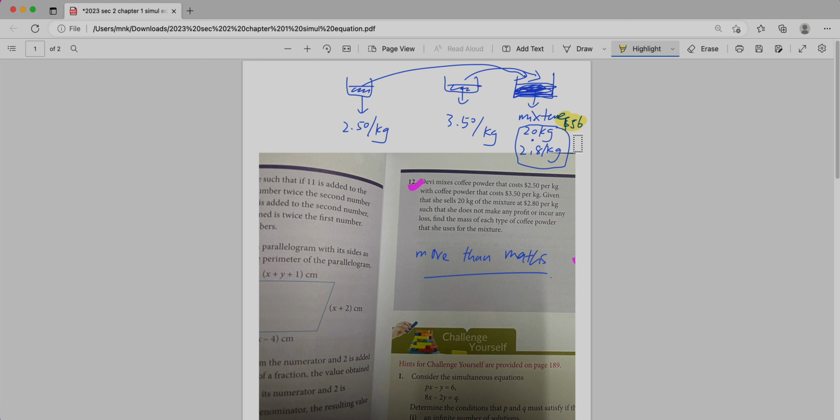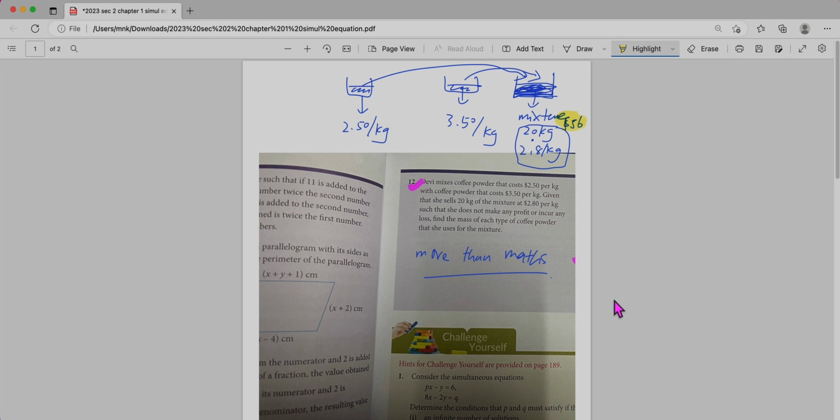Then find the mass of each type of coffee powder that she uses for the mixture. There are two parameters here that you need to use. One of them is the 56, which is the cost to buy these two.